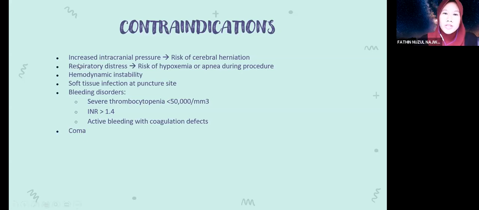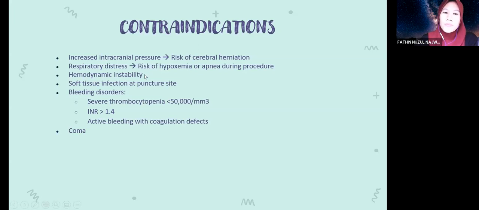Now, the second contraindication would be respiratory distress, in which the patient would be at risk of having hypoxemia or apnea during the procedure, which is very concerning, very dangerous.